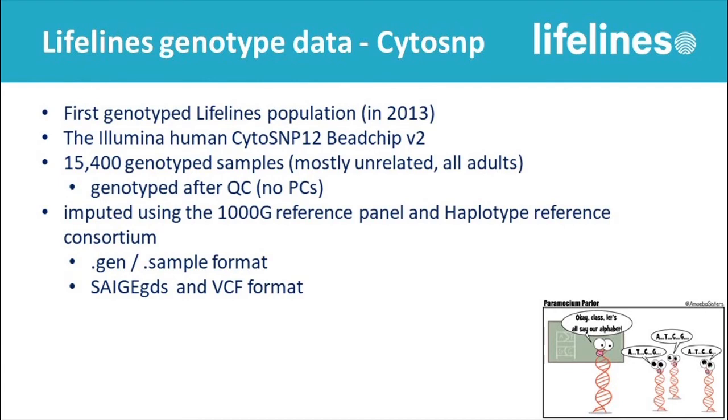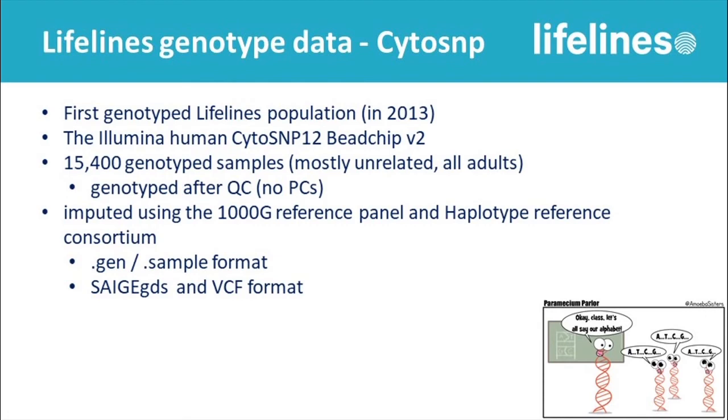In 2013, the first Lifelines population was genotyped. This population consists of 15,400 participants, from which the samples were genotyped using the cytosnip array. These participants were mostly unrelated, and they are all adults, which means they were aged 18 years and older.